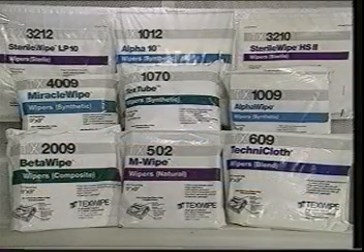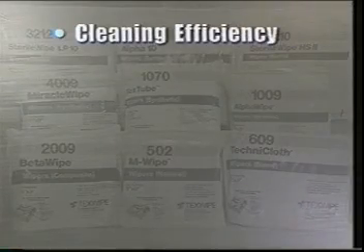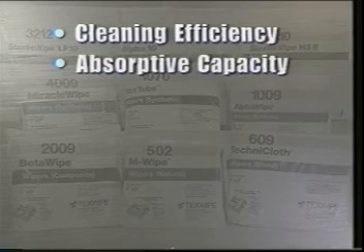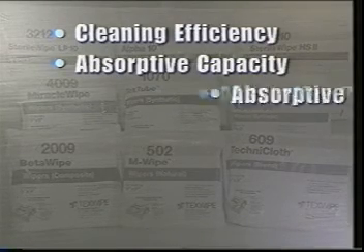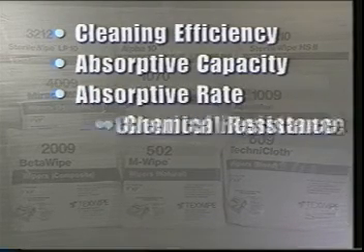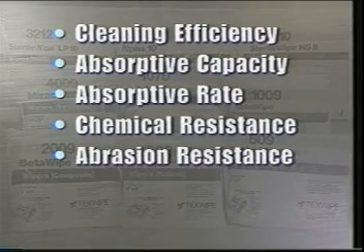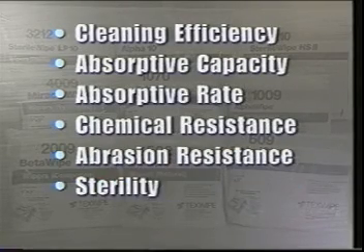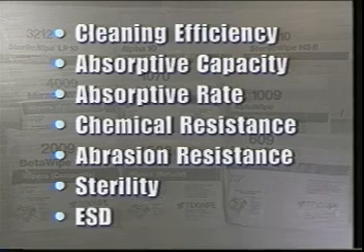Ask yourself, how important to your work is the wiper's cleaning efficiency, its absorptive capacity and absorptive rate, its resistance to chemicals or abrasion? Is an aseptic surface or the ability to dissipate electrostatic charge of primary concern?